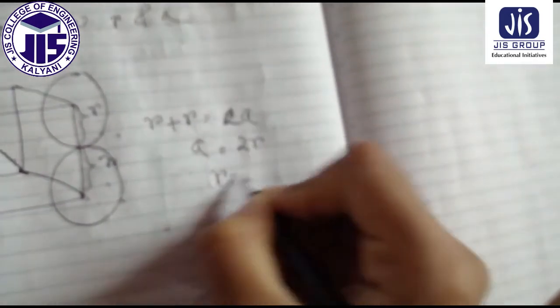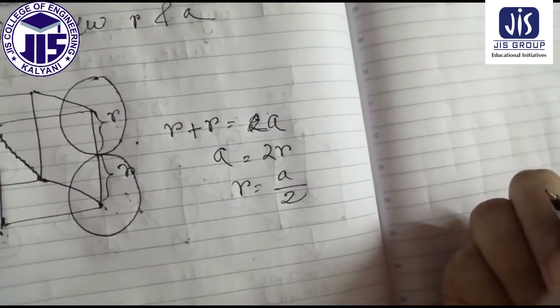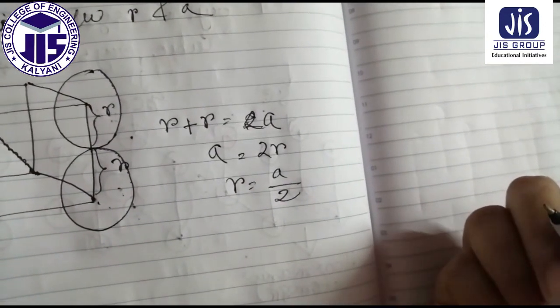Therefore R equal to A by 2. So this is the relation between the atomic radius and the lattice constant for SC.